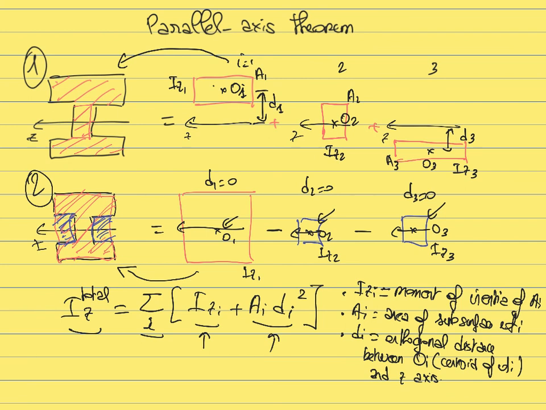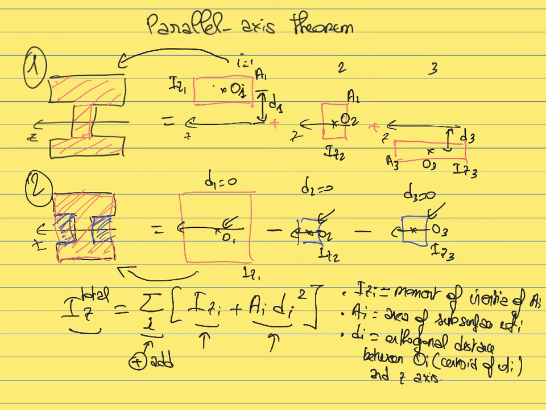Now, when you do this decomposition, the other thing that matters is the sign when you sum those moments of inertia and those areas and distances from the z-axis. When you do this sum, you sum positively if it's a surface that you add.